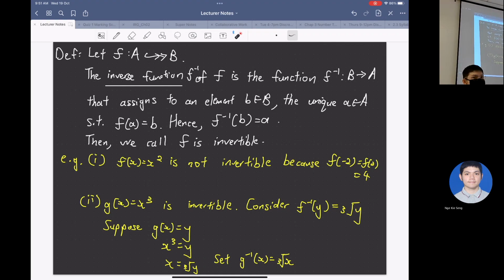Any other question? Find the pre-image. Any other question?